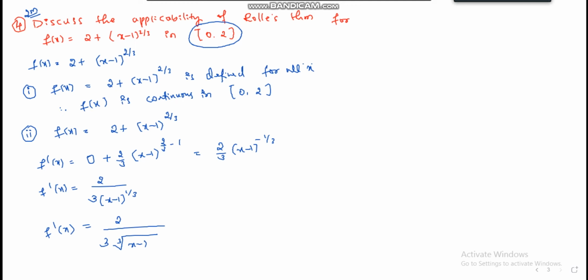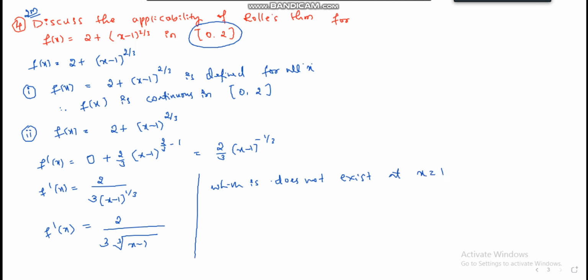When we substitute x = 1, is it possible? 1 minus 1 is 0, so the denominator is 0, and therefore f'(x) does not exist at x = 1.